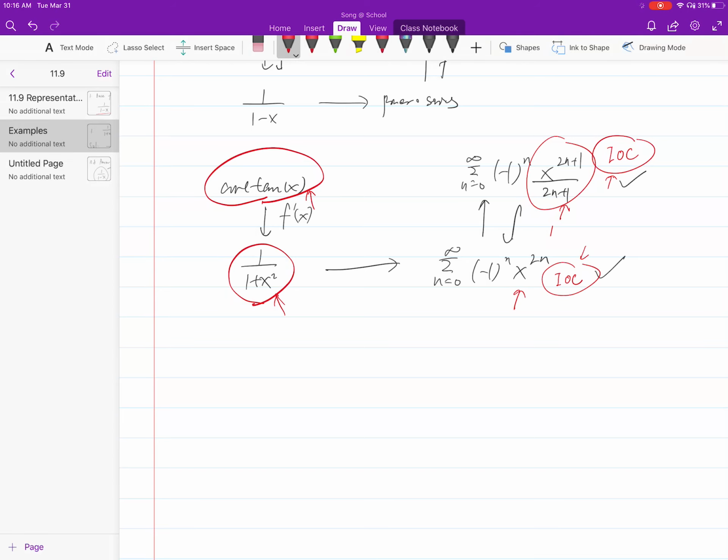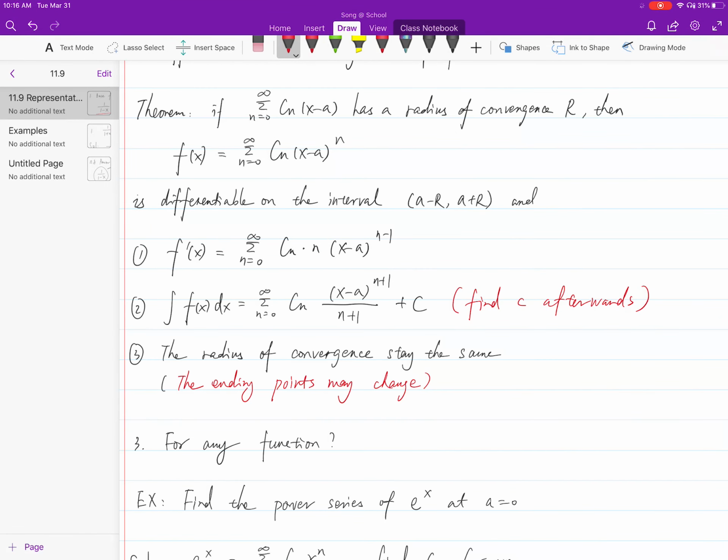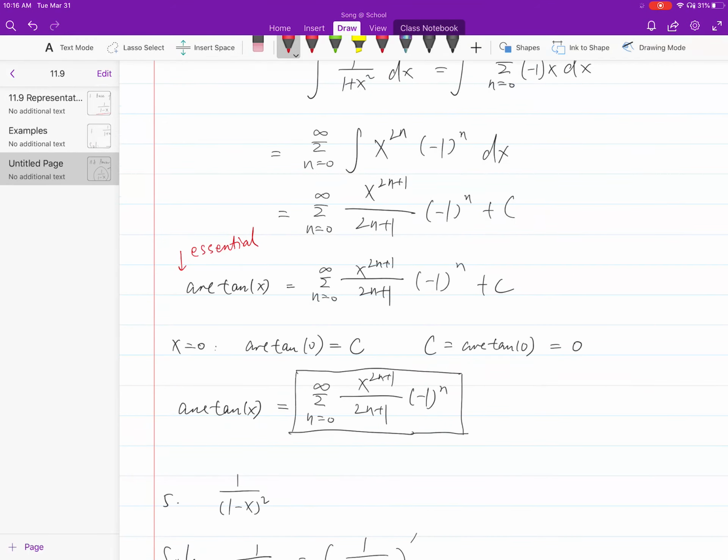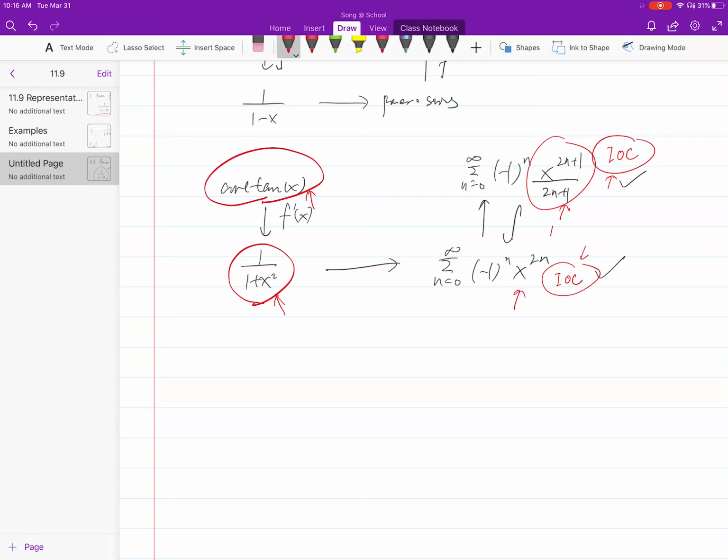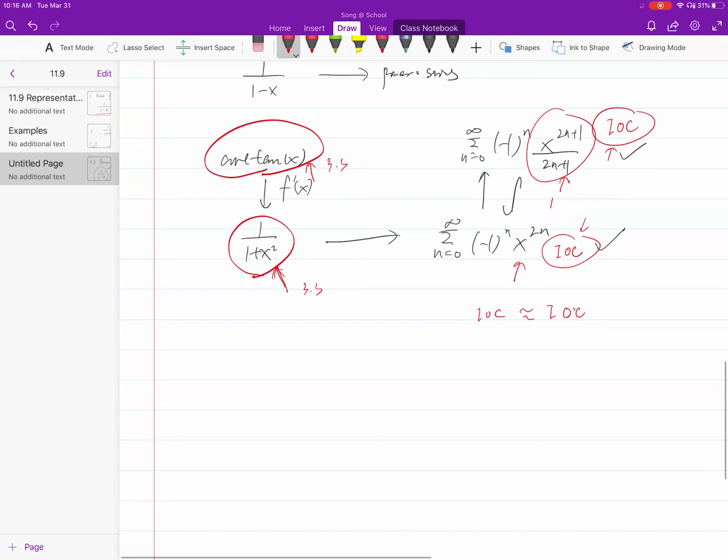Okay? And the good news is, by the theorem, the third part, they tell you the radius of convergence before and after you take the derivative stays the same. That means these two will basically share the same interval of convergence. So if you can plug in a number here, let's say you can do 3.3 here, then 3.3 here will probably be safe. Okay? So the interval of convergence is almost the same as the interval of convergence before and after you take the derivative.